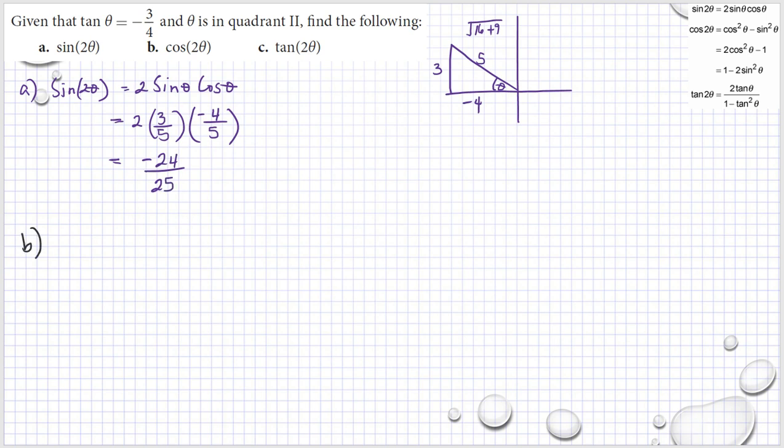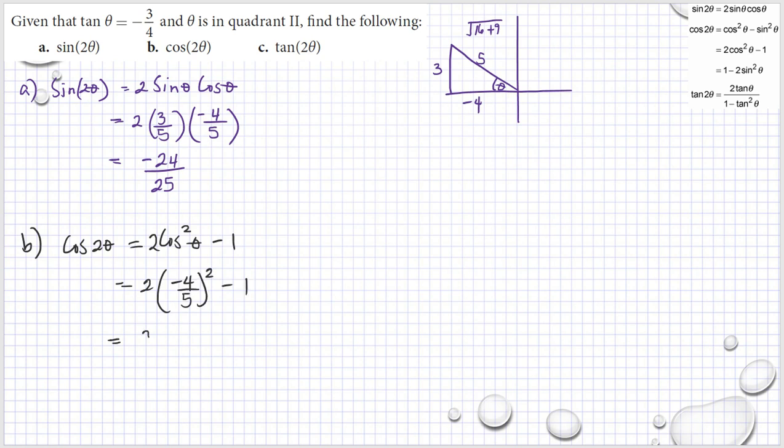B, cosine 2 theta. I can use 2 cosine squared theta minus 1. So we have 2 times cosine squared theta, where cosine is negative 4/5, squared, minus 1.